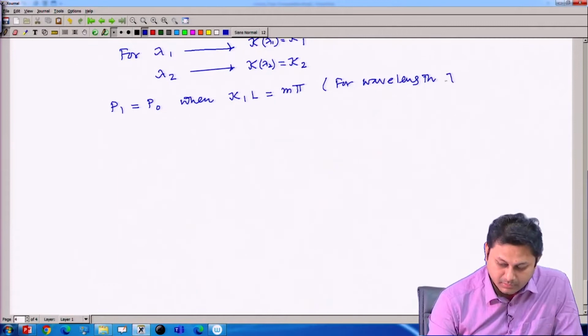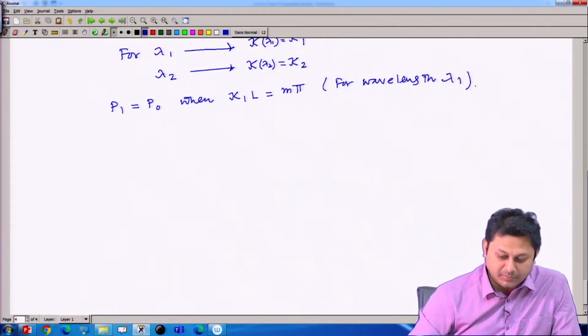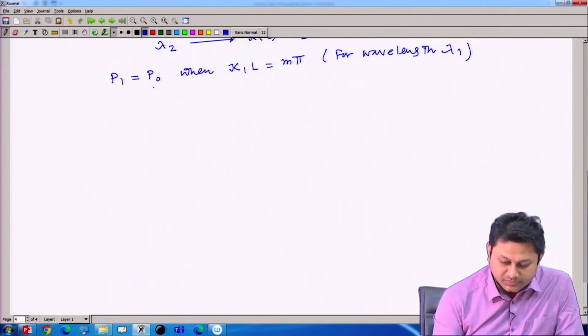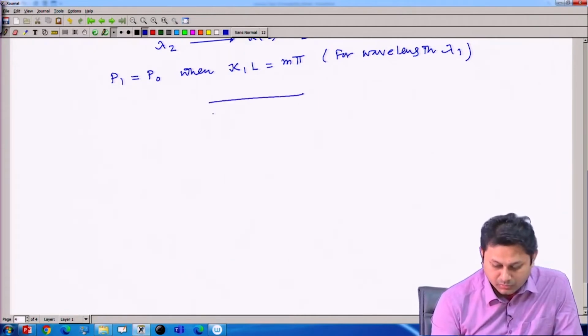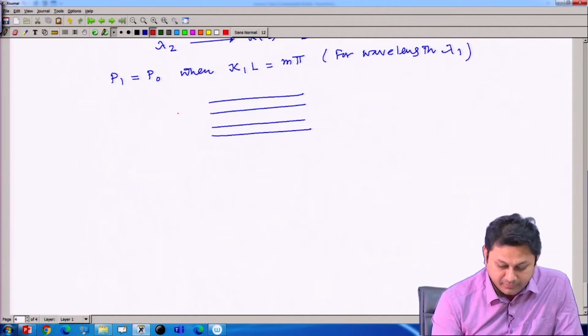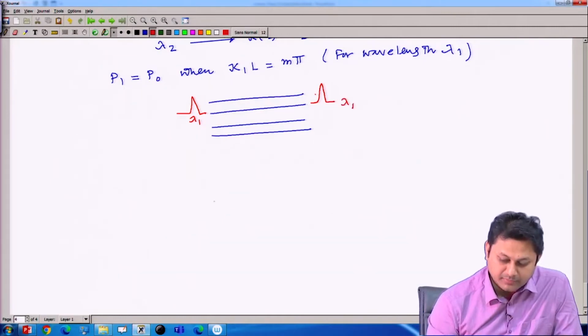This is the value at which branch 1 has the entire power. So, this is the coupler and I have lambda 1 here. There will be a transfer, but in the output I can have my lambda 1 here, because this is branch 1 and this is branch 2.